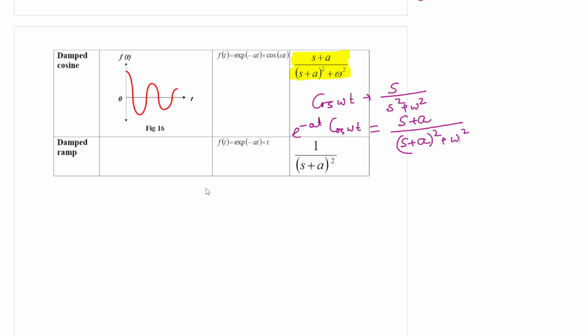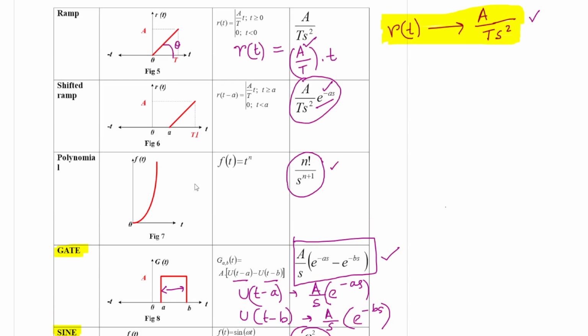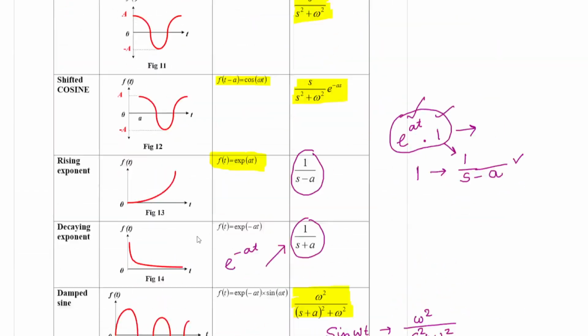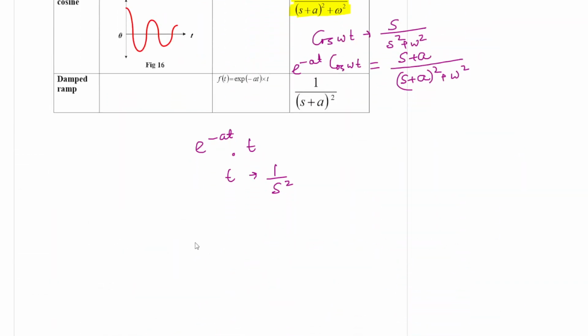Now similarly, if we have e to the power minus at into t, where t is the ramp. If a is equal to 1, then it becomes only t. If it is only t, then it is called a unity ramp.